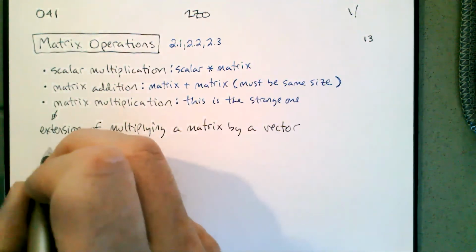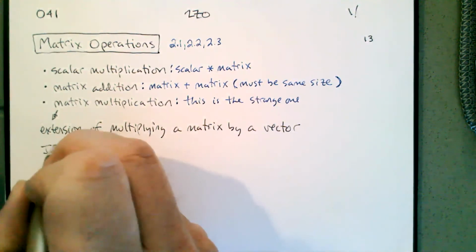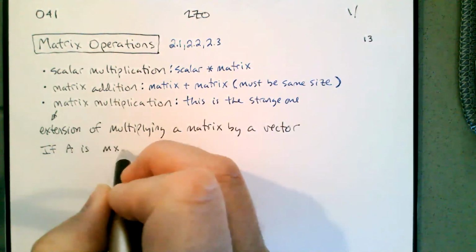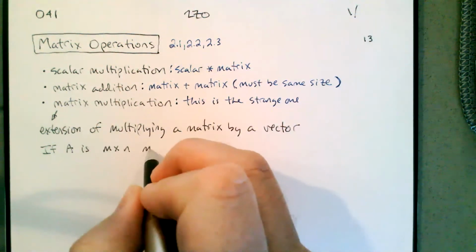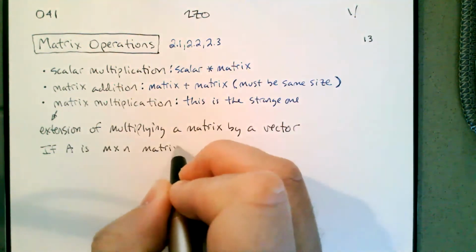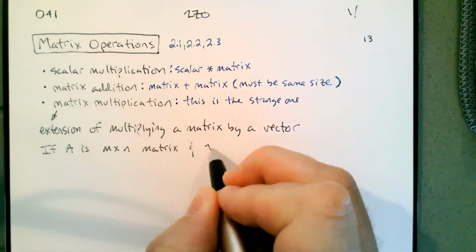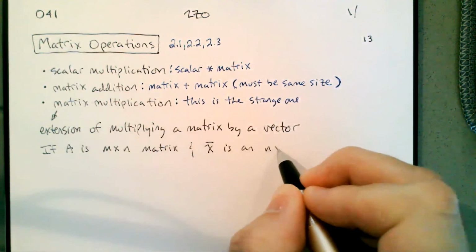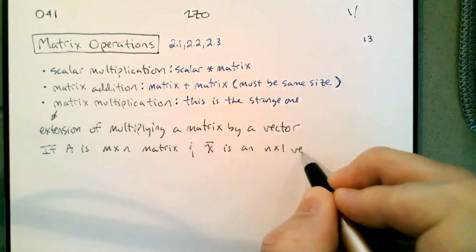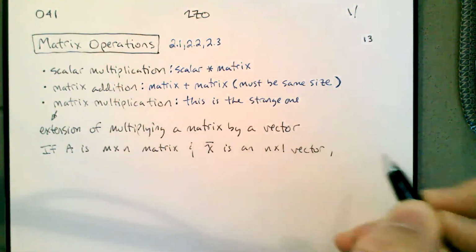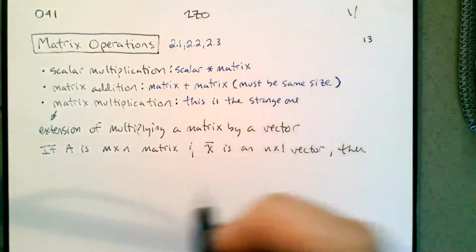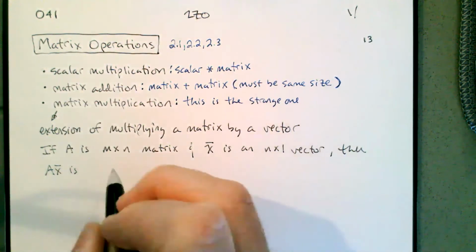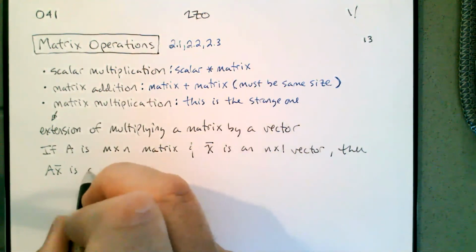So if A is an M by N matrix, and X is an N by 1 vector, then AX is an M by 1 vector.